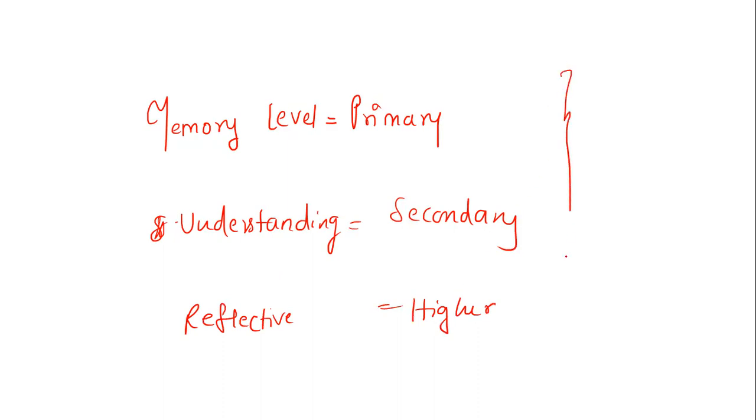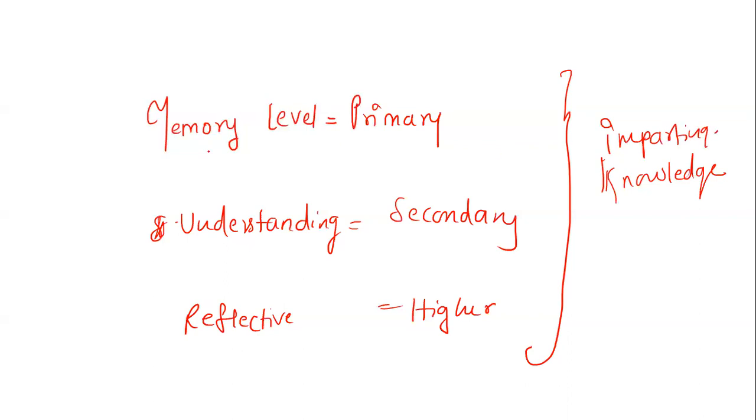All these levels are basically with respect to the level of imparting knowledge. So it depends upon imparting knowledge. Now let us take an example of the theorem of Pythagoras. In your school days, if you remember, you had studied the theorem of Pythagoras.